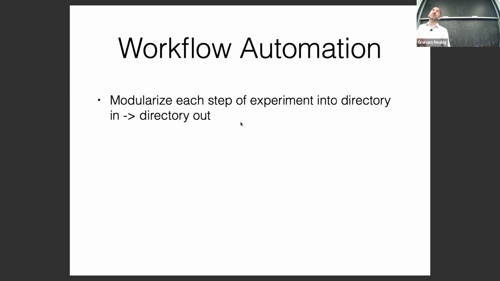Those are all modular, and you can think of each one of them as a function in your Python program. You want to avoid rerunning data set selection and tokenization every time you do a new evaluation, right? That would be kind of silly. You definitely want to avoid rerunning training every time you evaluate a checkpoint.